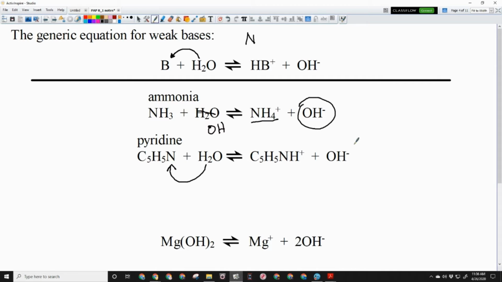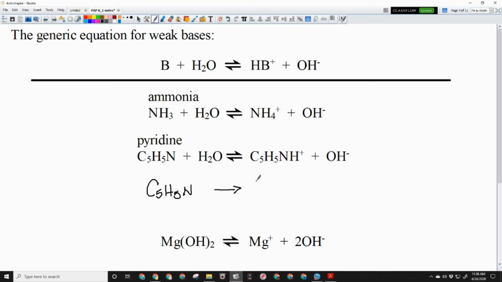Now, many times, as a shortcut, what you will see is this water being left out. So for example, if we were going to rewrite this equation and leave the water out, we would write C5H5N yields C5H5NH, just like this, plus the OH.